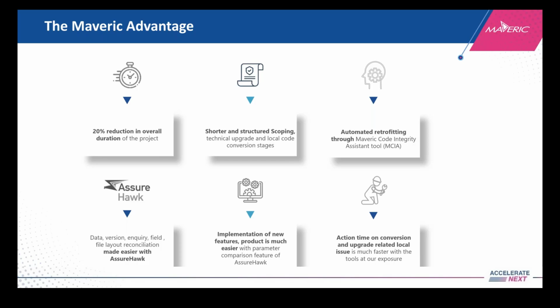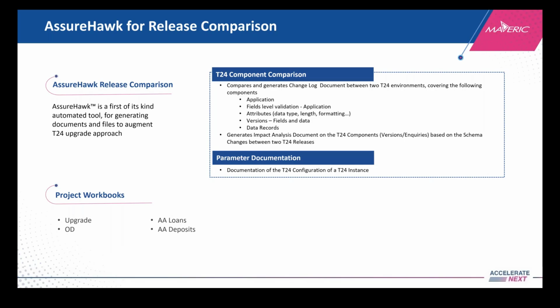We will quickly run you through the two accelerators that we had been talking about. Azure Hawk, as I said, is a release comparison tool. This does a comparison of your source system and the target system on the schema level and the underlying attributes that are attached to your schema.